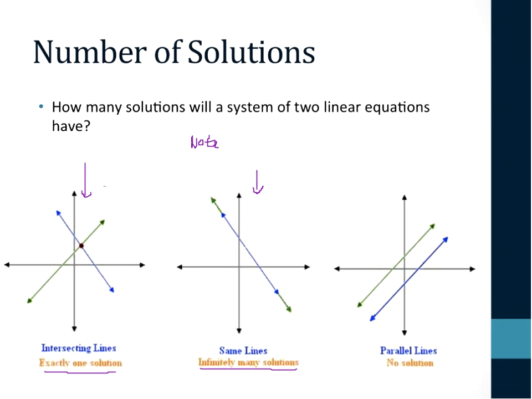Now note, something really important to realize is we do not say that it has all solutions, or that every point is a solution. Can any of you think, why is it not correct to say that every point is a solution or that all points are a solution? Why would we not say that all points are a solution?